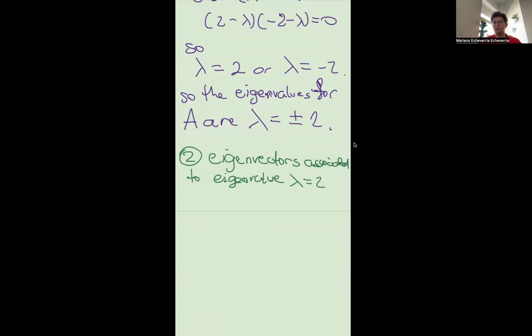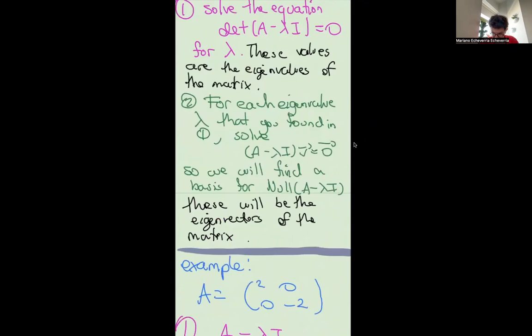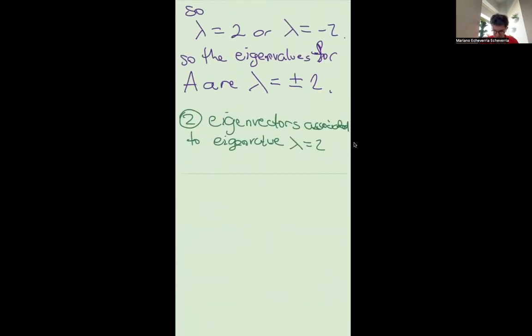And for that, you need to look at the null space of A minus lambda I. But now lambda is 2, so you have to look at the null space of A minus 2I.